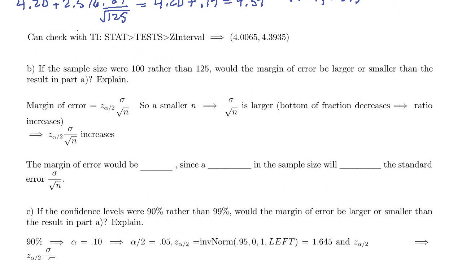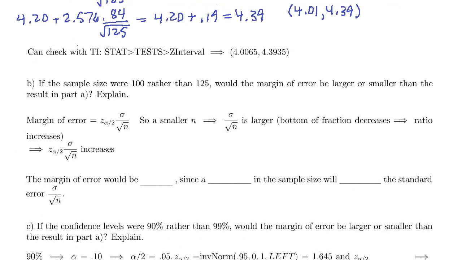Part B, what if the sample size were 100 rather than 125? Would the margin of error be larger or smaller than in Part A? So our margin of error in Part A was 0.19, and that margin of error in general is the z-value times sigma over square root of n. Well, if we use a sample size of 100 instead of 125, that means that we're using a smaller value of n. So this denominator is going to be smaller.